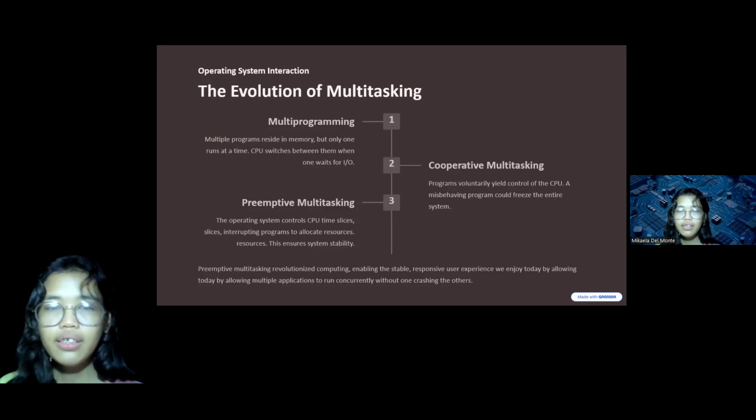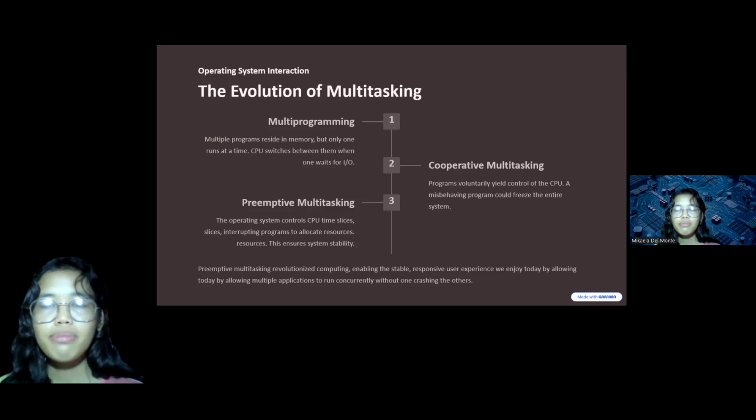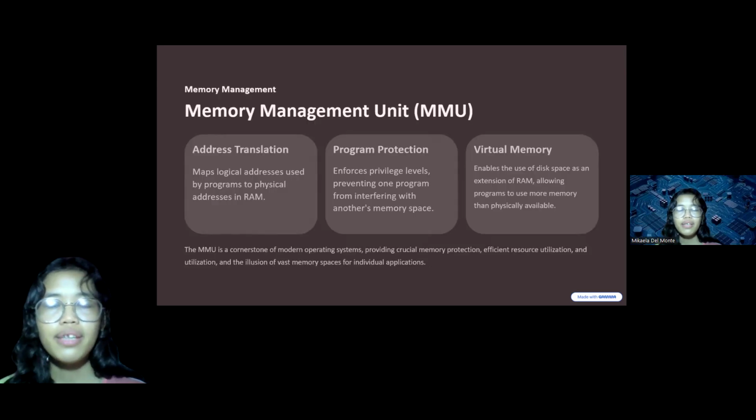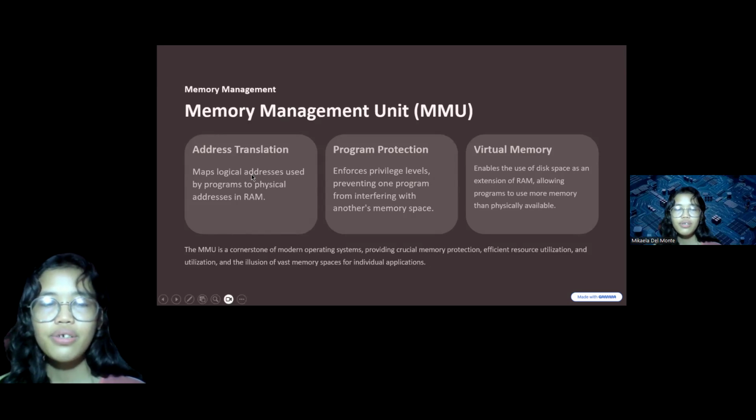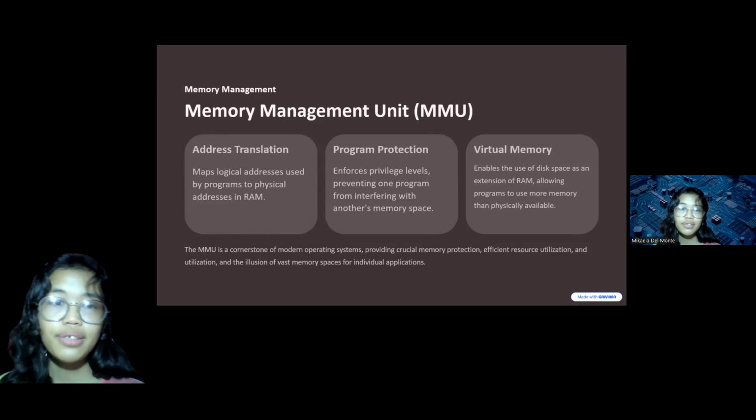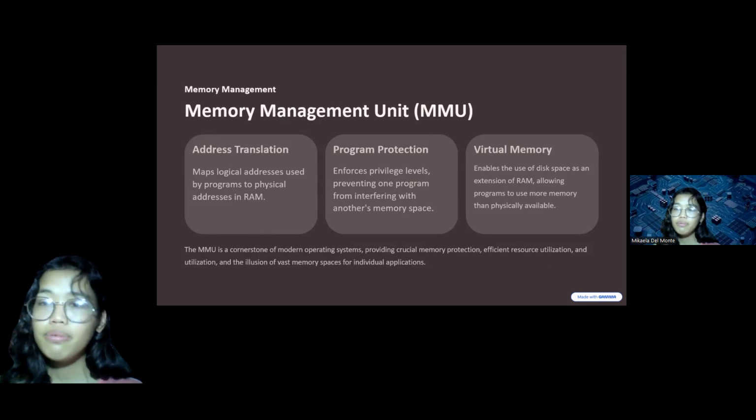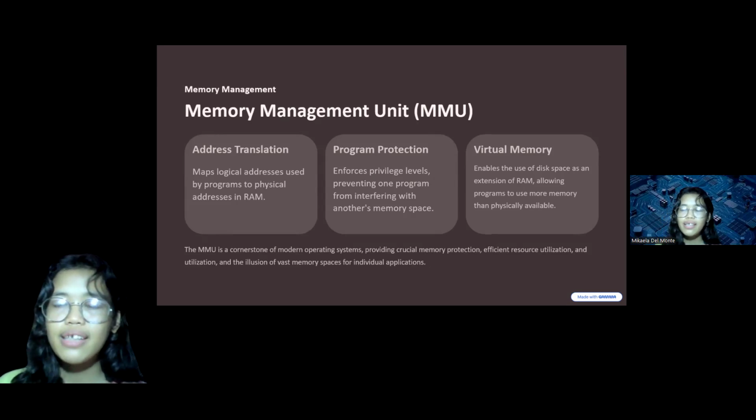Another thing is that safe and efficient multitasking requires the memory management unit. We have address translation, which maps logical addresses used by programs to RAM, and protection, which enforces privilege levels, preventing one program from interfering with another's memory space, and of course virtual memory, which enables the use of disk space as an extension.